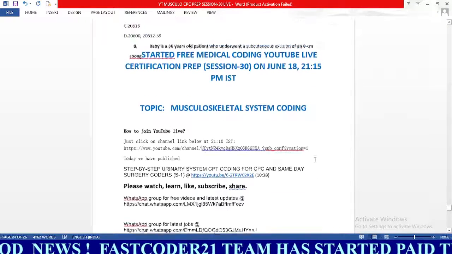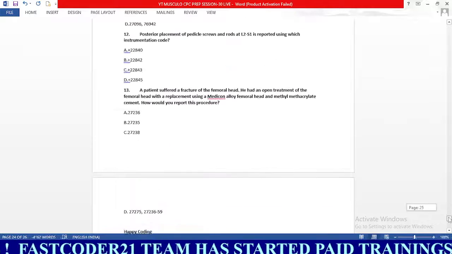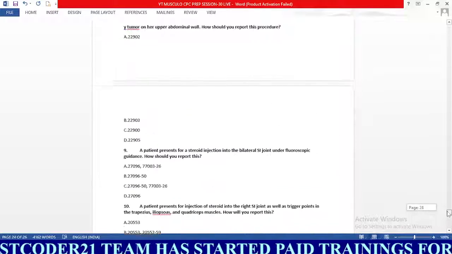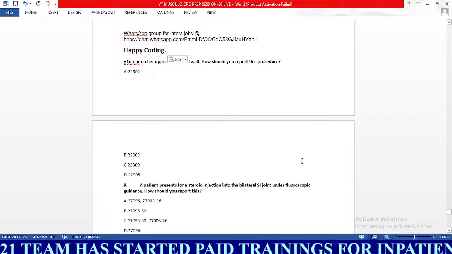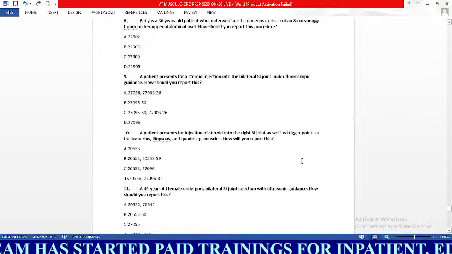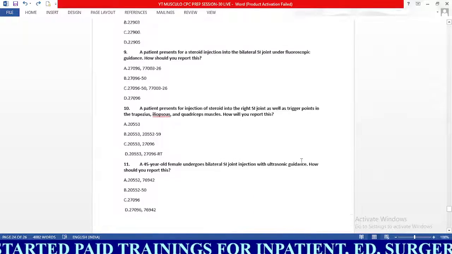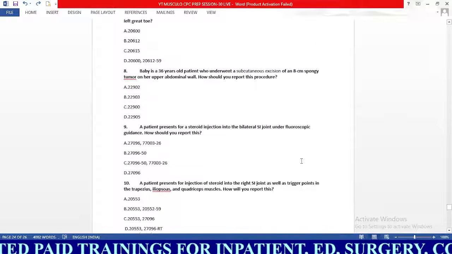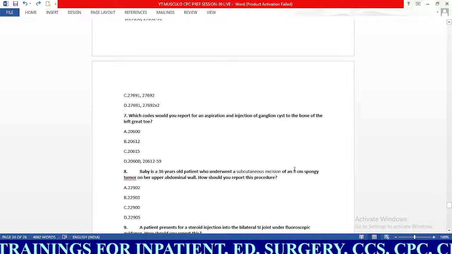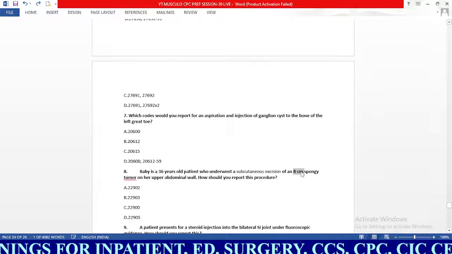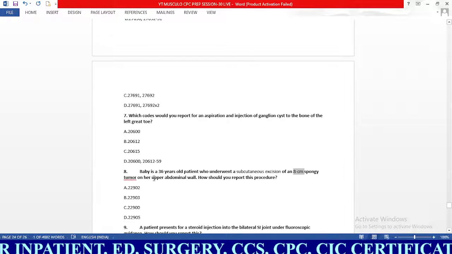So here, 8 centimeter is one keyword for us, and location is also one keyword.